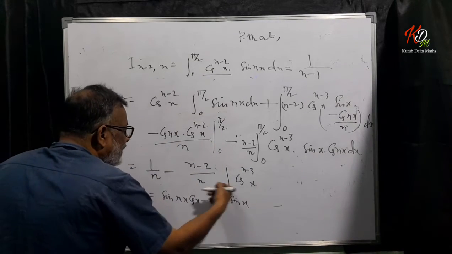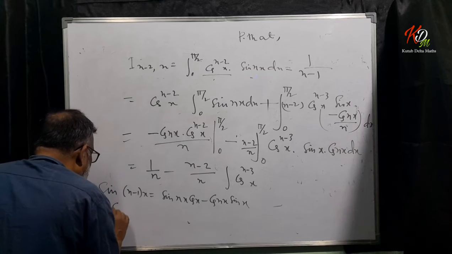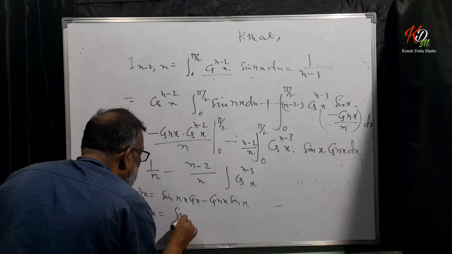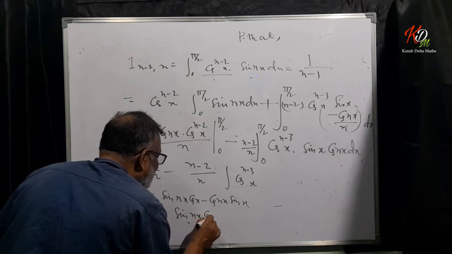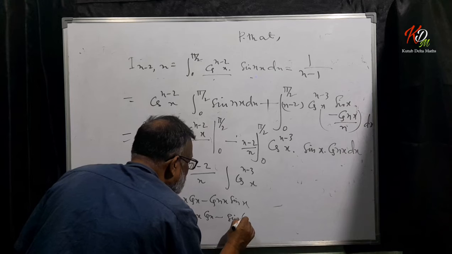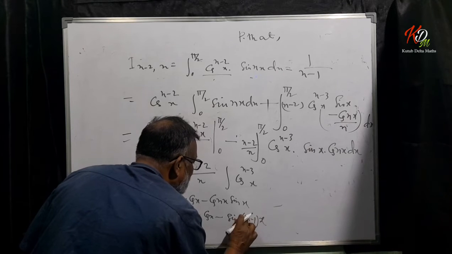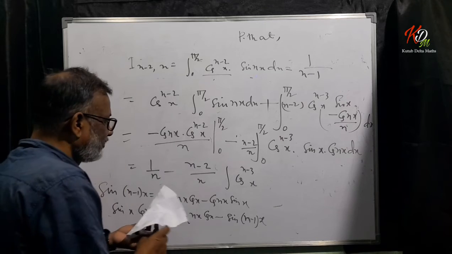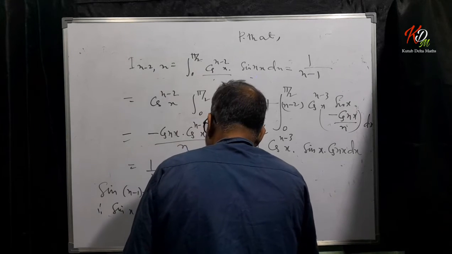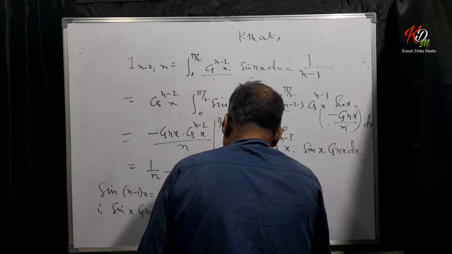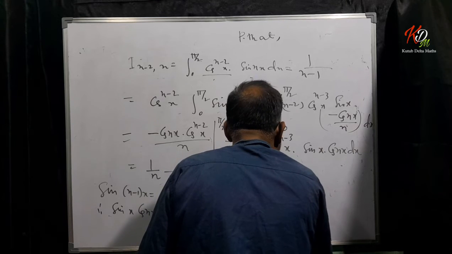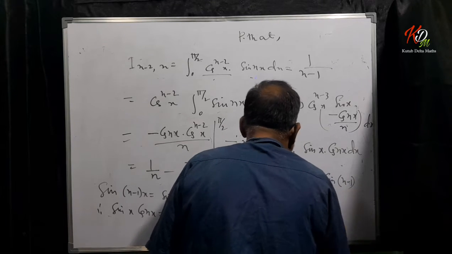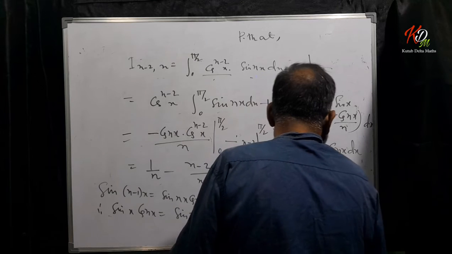Putting the value, sin x cos nx equals sin nx cos x minus sin of n minus 1 x.